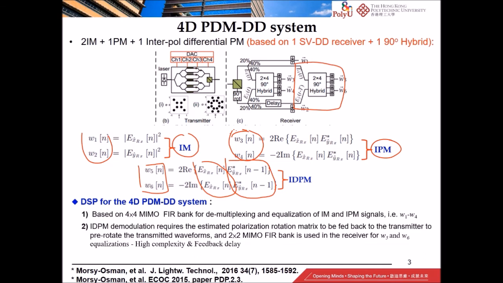Now, however, one of the requirements for appropriately demodulating this signal is that the polarization rotation matrix of the system needs to be fed back to the transmitter, right?